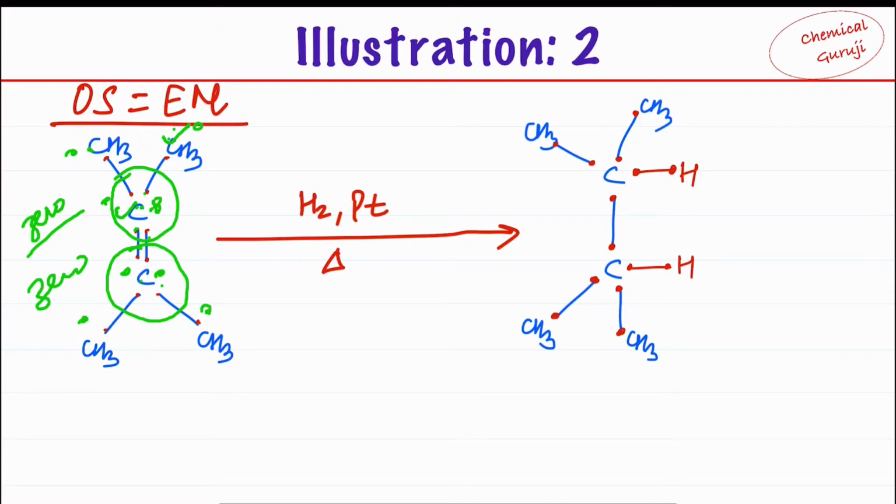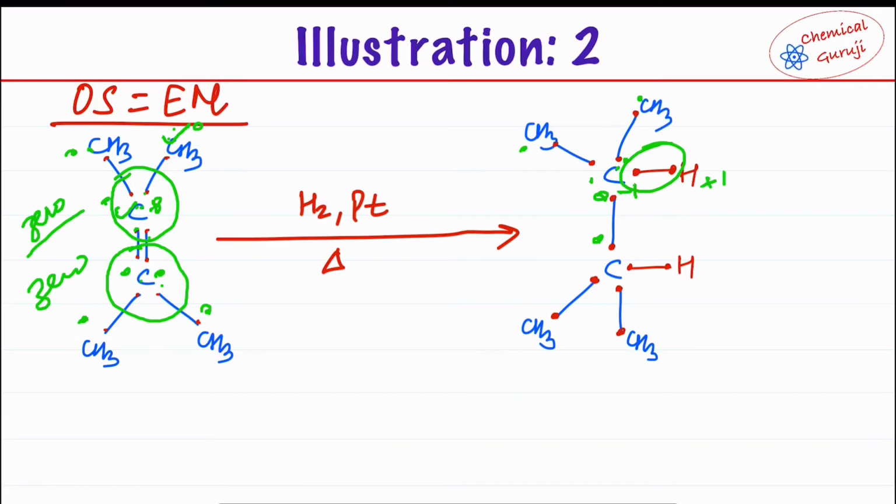Here we can see this carbon and this carbon 0, this carbon and this carbon 0. For this bond I can see that the electronegativity of carbon is higher than that of hydrogen. So this is -1, this is +1, and for the carbon-carbon bonds, 0 and 0.